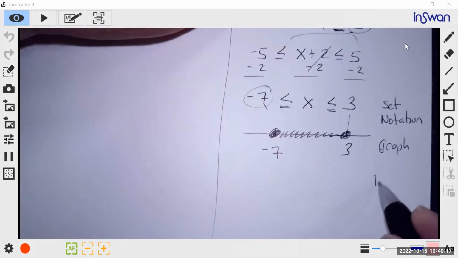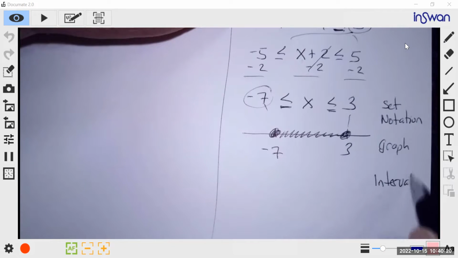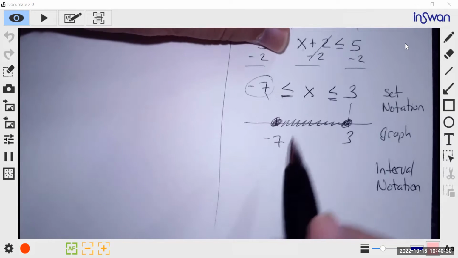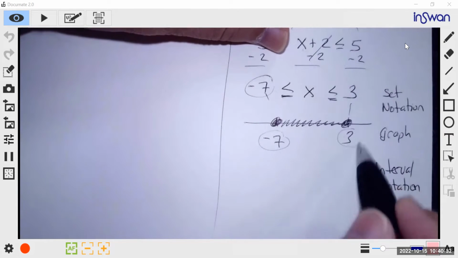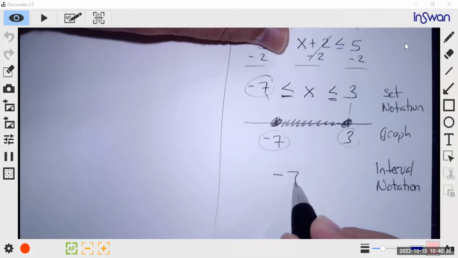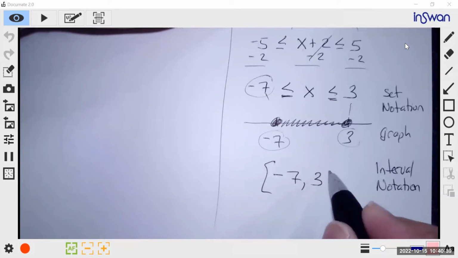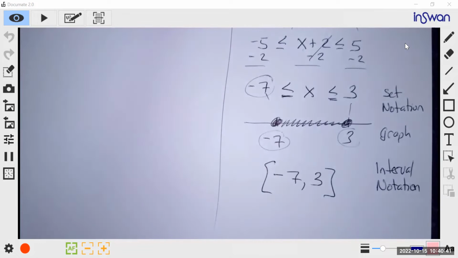And the other one is interval notation. For interval notation you simply take the endpoints, and since they're both closed, they're brackets. That's the interval notation.